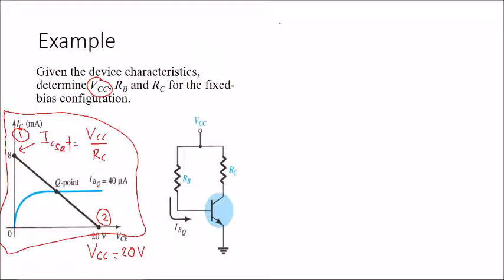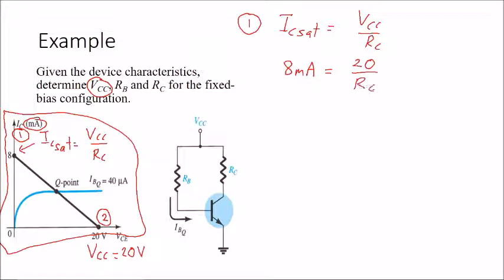So you have already found VCC. To solve for RC, the first thing you need to do is load line analysis. Here you have the information of IC saturation: IC saturation is equal to VCC over RC. Just substitute the values. IC saturation is 8, in milliamperes, so 8 milliampere, and your VCC is 20, and then you have to find the value of RC.